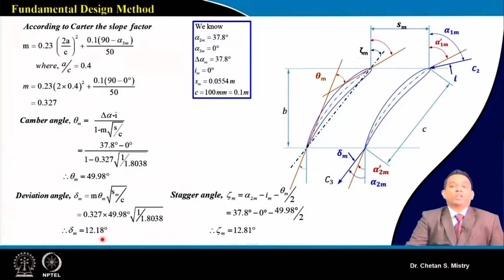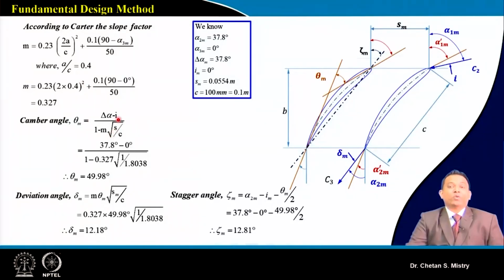Now we need to check the angles: what my camber angle is, what my deviation angle will be, and what my stagger angle will be. We calculate those based on Carter's parameter or M factor. Here in this case, the M factor comes to 0.327. We can calculate our camber angle, which will be delta alpha.